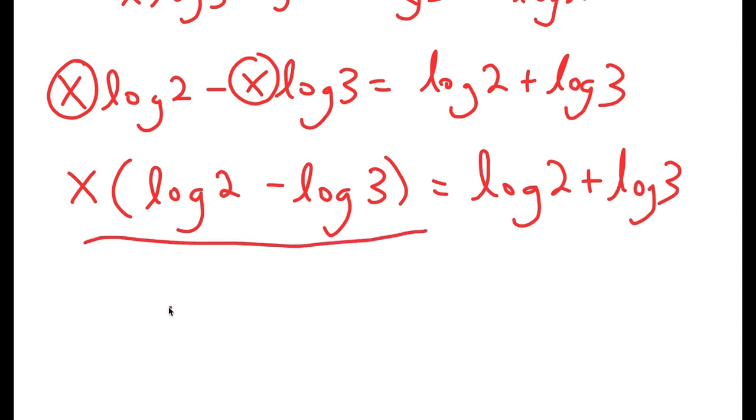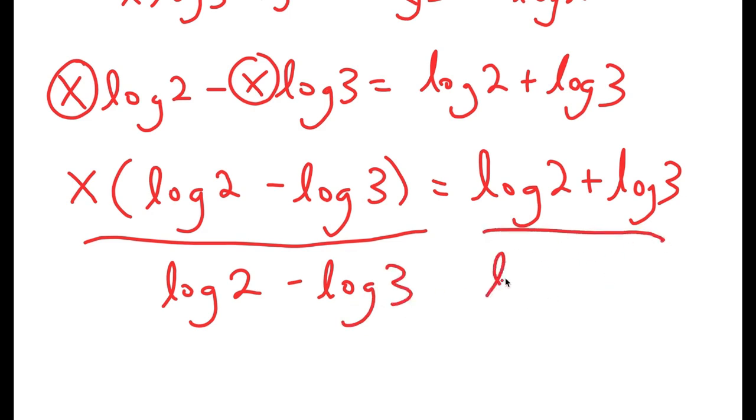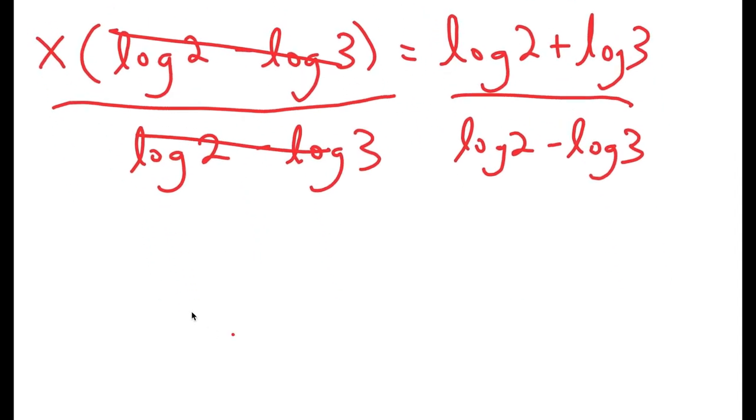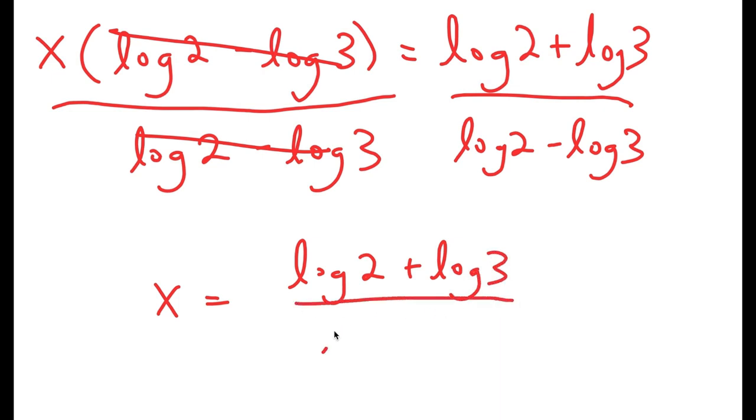And now from here, I can divide both sides by log 2 minus log 3. So now these two cancel out, and I get x is equal to log 2 plus log 3 over log 2 minus log 3.